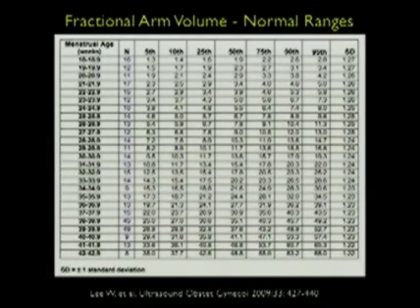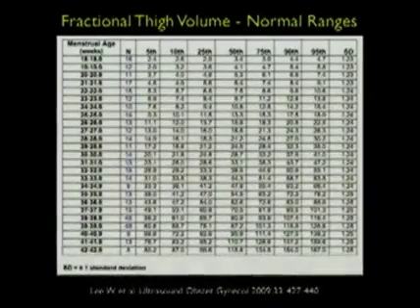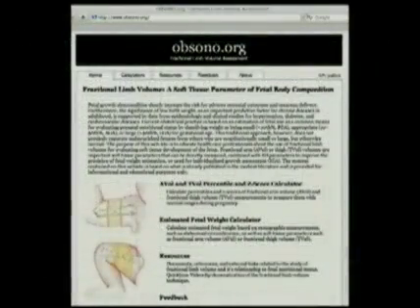We also defined normal ranges for fractional arm volume and fractional thigh volume. If you go to a website called www.obsono.org, you'll see some educational materials which explain the rationale for the soft tissue measurements. It also provides an online calculator that calculates the percentile and z-scores for normal T-vol and A-vol, and even gives you an online demonstration of the technique.